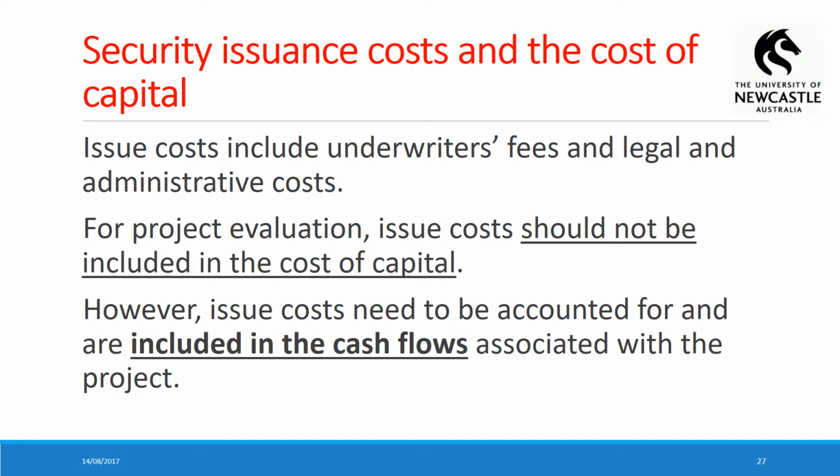If we invest in this project, we have to raise $2 million in debt financing from issuing into the bond market. So if we were to choose this project, we would also incur the bond issuance costs today. So the issuance cost should be deducted from the cash flows today. So it should be treated in the cash flows, not in the cost of capital.